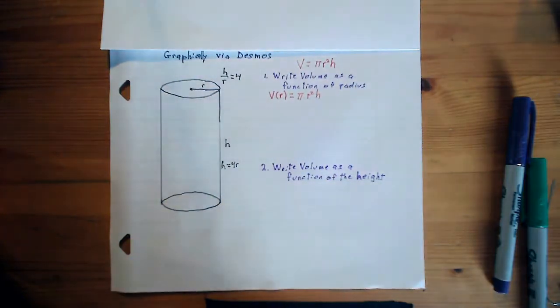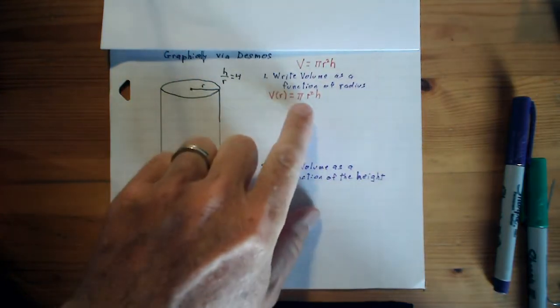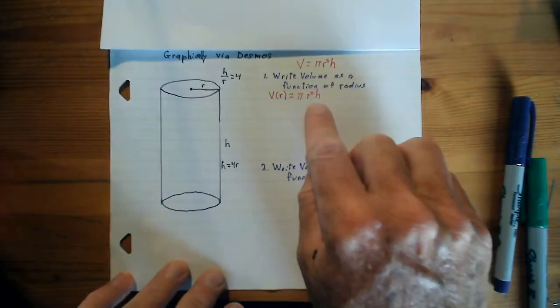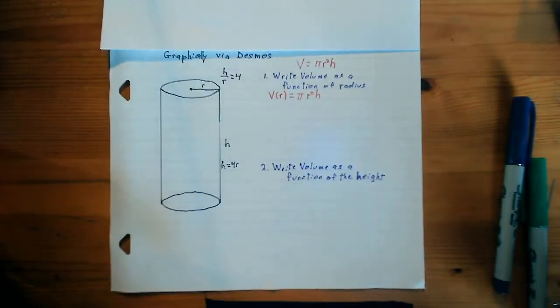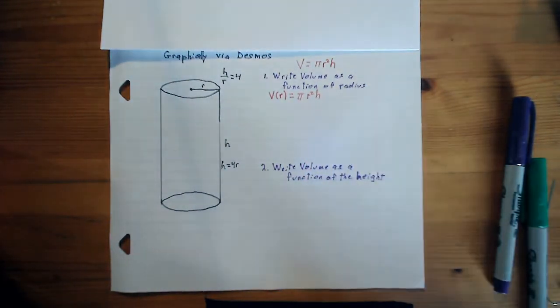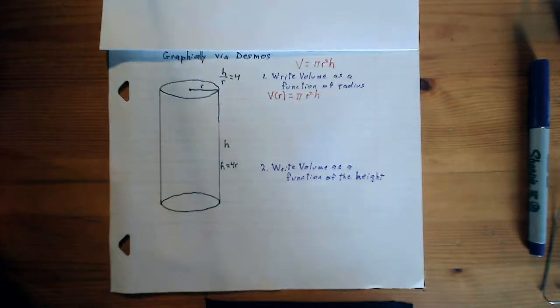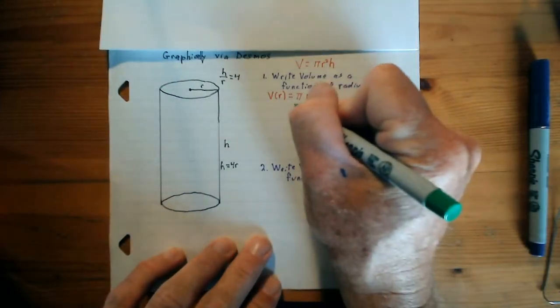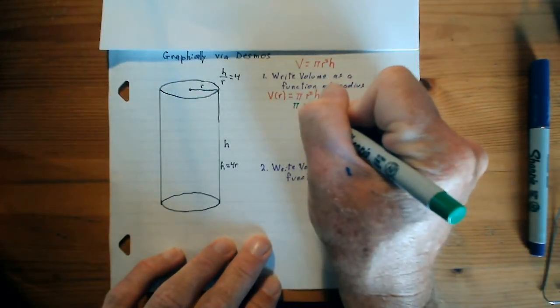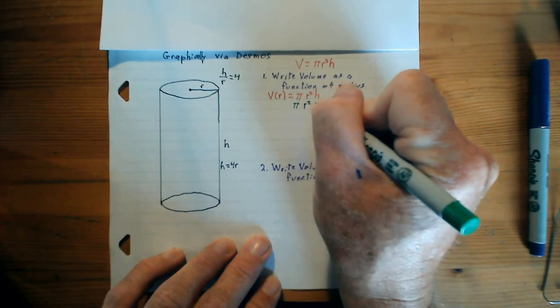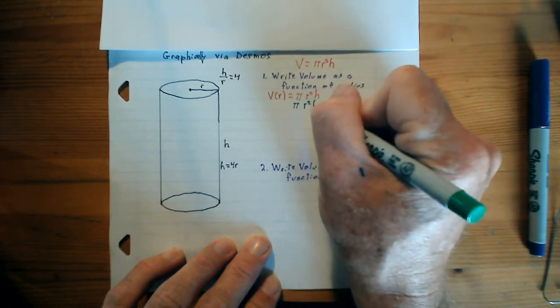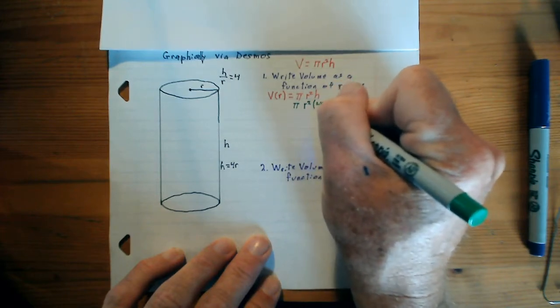And since I only want the radius here, I'm going to replace this h, because I only want it as a function of the radius. So that's going to equal pi r squared, and that h, I'm going to replace it with 4r.